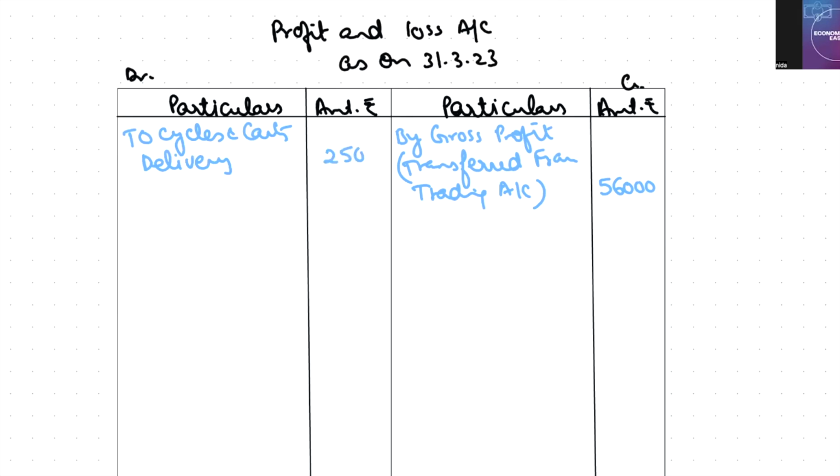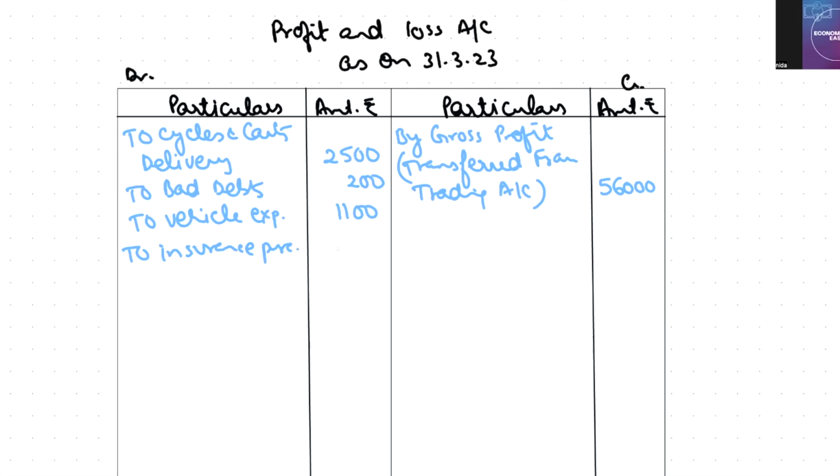Then to bad debts, 200. Then to vehicle expenses. Please write neatly. I'm just writing fast. That's why. Okay, और register पे लिखने का different ही style होता है, right? To insurance premium. I'm just writing in half.